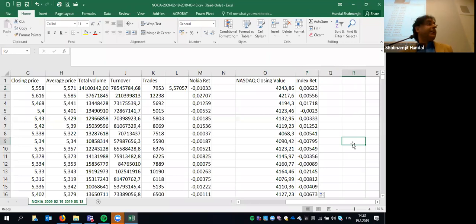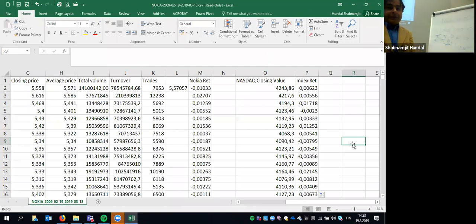Okay, beta is a measure of systematic risk, and if I can bring this close to me so that it continues to record. I try my best so that it's visible to you. So if on the y-axis, I take the Nokia return, yeah.